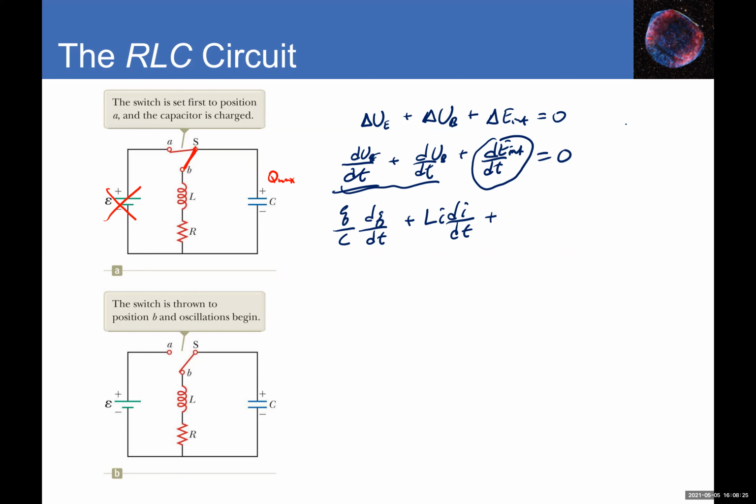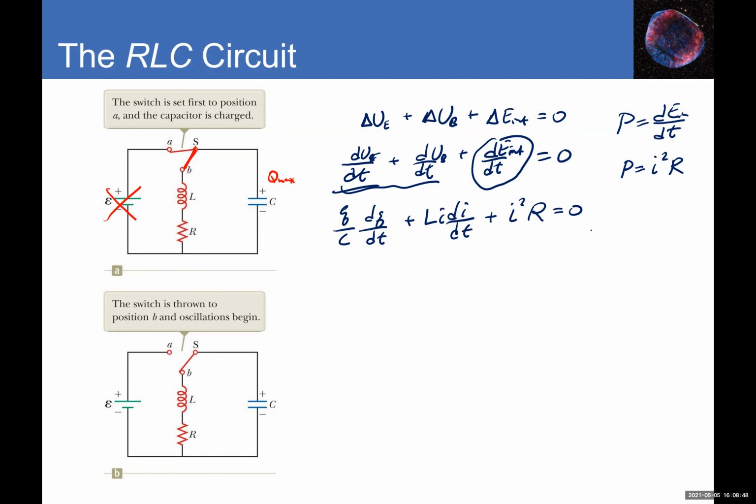So we know that dE/dt is nothing but the power, right? Power is just dE_internal/dt. And then we know that the power dissipated, which is the energy per unit time dissipated by a resistor, can be easily represented by current squared times the resistance. That means I can write this as current squared times the resistance, and this equals 0.